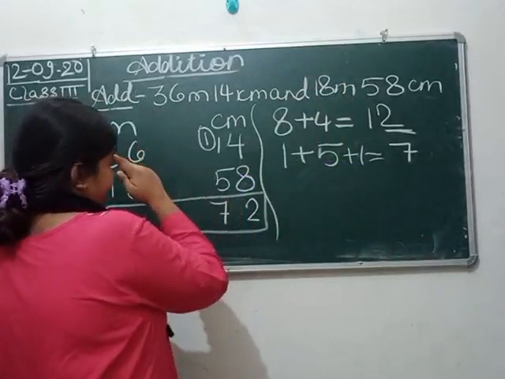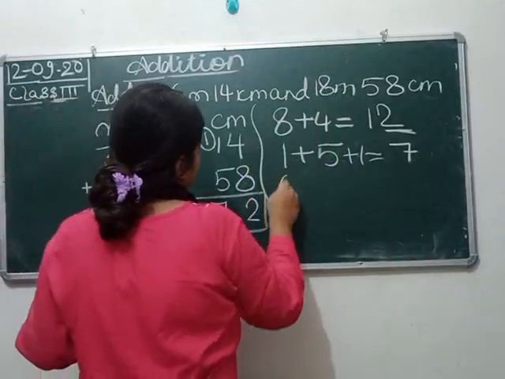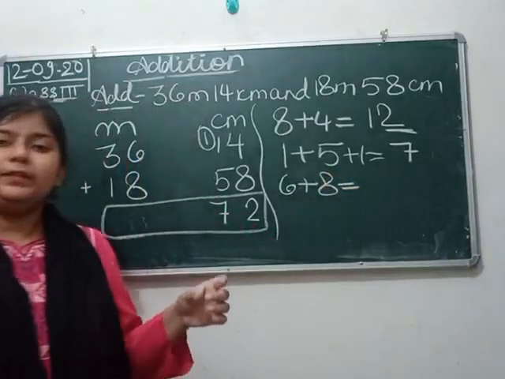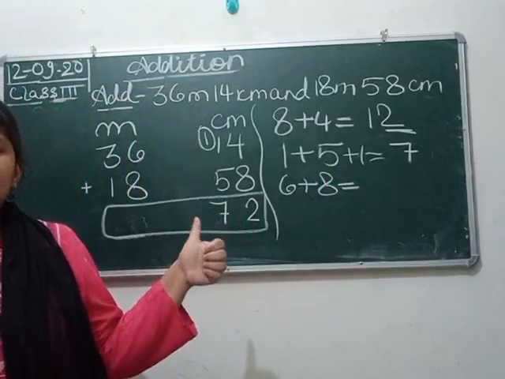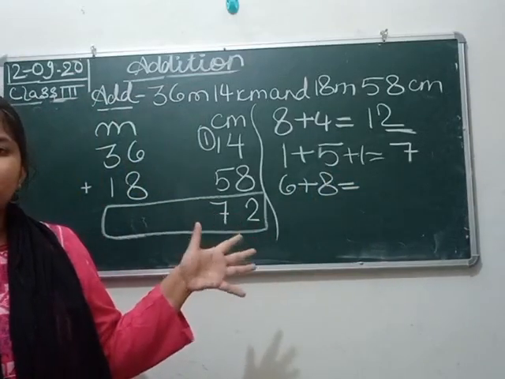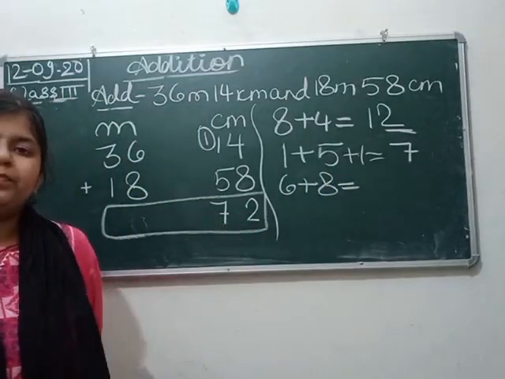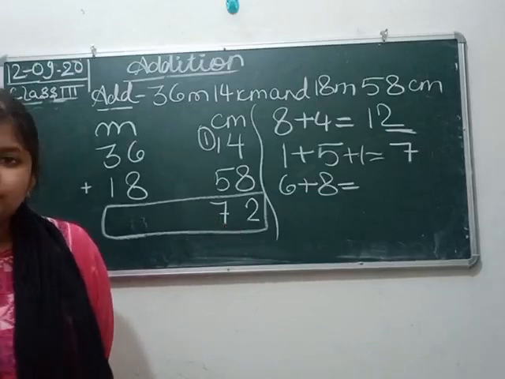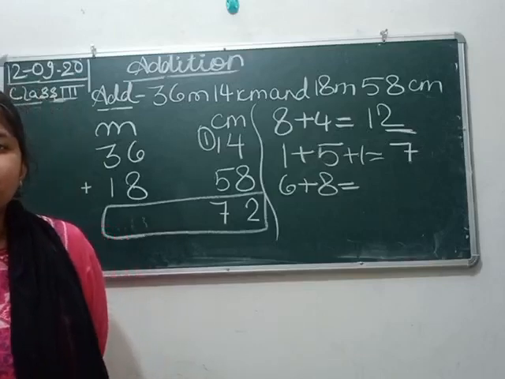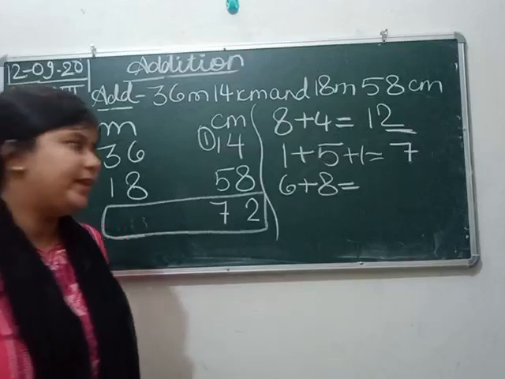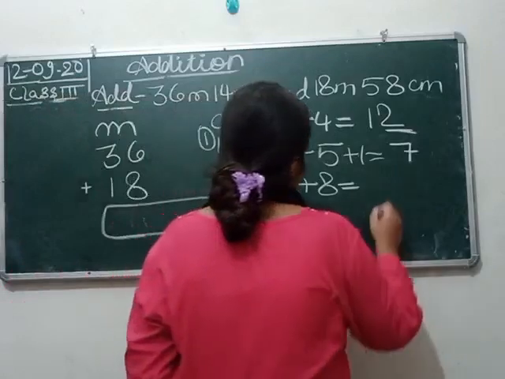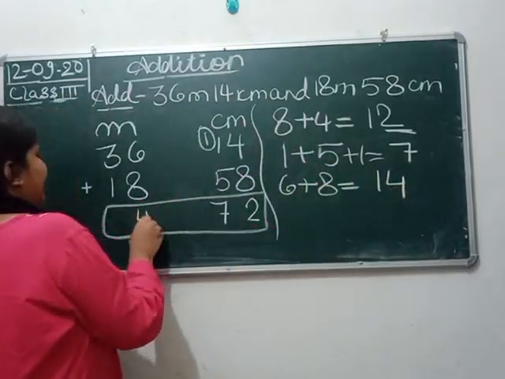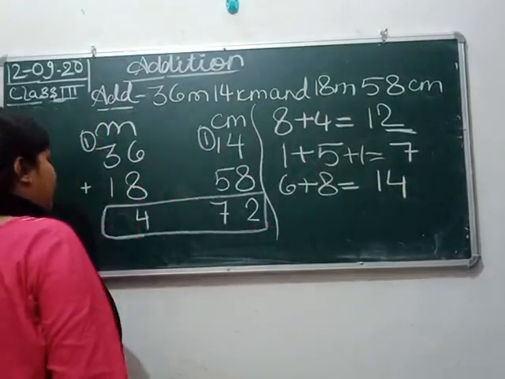At the first place of meters we have 6 plus 8. 6 plus 8 we will get 14. For 14 you will write 4 here and give carry 1 at the top.